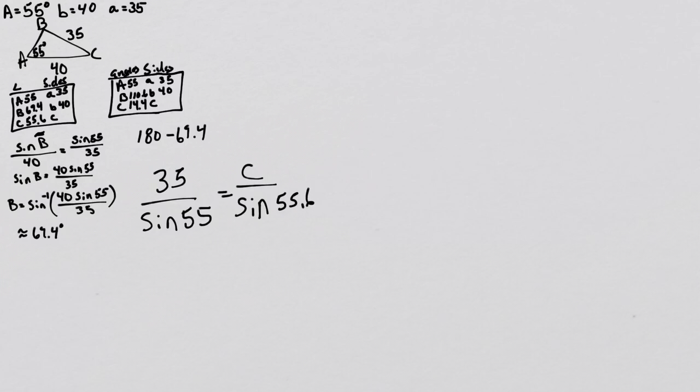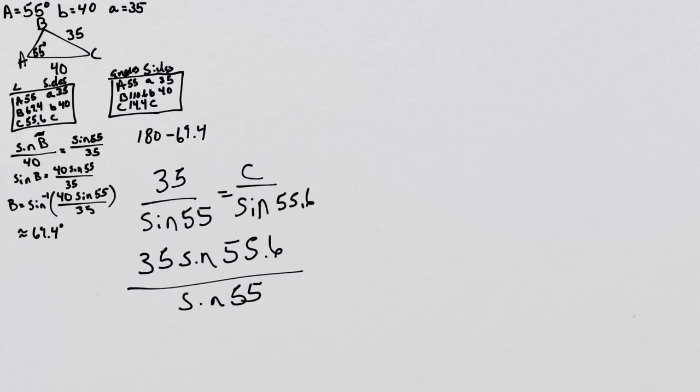I'm going to multiply both sides by sine of 55.6, so I get C equals 35 sine 55.6 divided by sine of 55. I know it looks crazy, but luckily you don't have to do this by hand. Throw it in the calculator, making sure it's in degree mode. I rounded to the nearest tenth, and I got C to be 35.3. Now 35.3 is between 35 and 40, so I know everything looks okay.